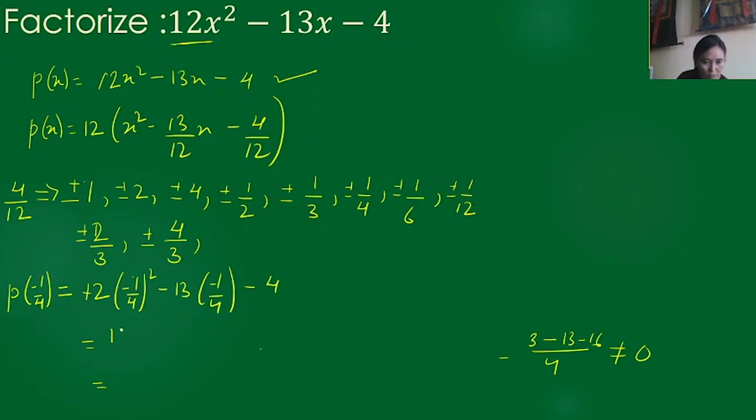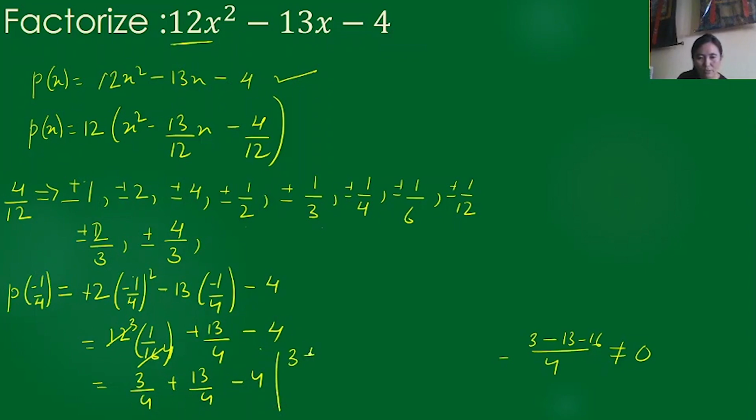So when you solve it, you will get 12 times minus 1 by 4 square is 1 by 16, and minus into minus is plus 13 by 4 minus 4. So you can cancel these two. 4 threes are 12 and 4 fours are 16. So you'll get 3 by 4 plus 13 by 4 minus 4. Now these have the common denominator, so you can add the numerators. 3 plus 13 by 4 minus 4.